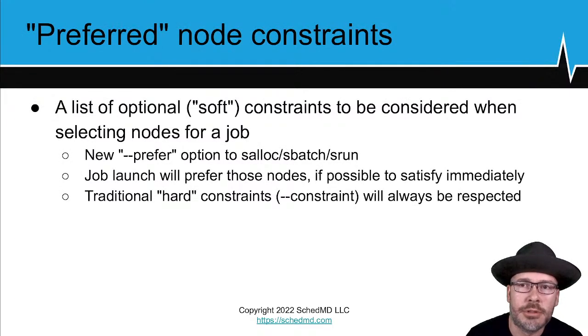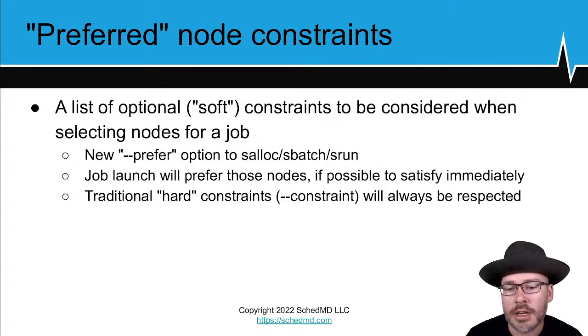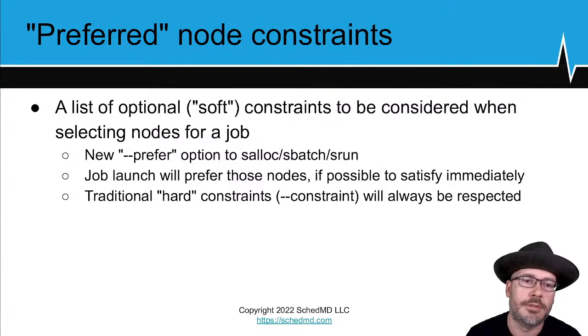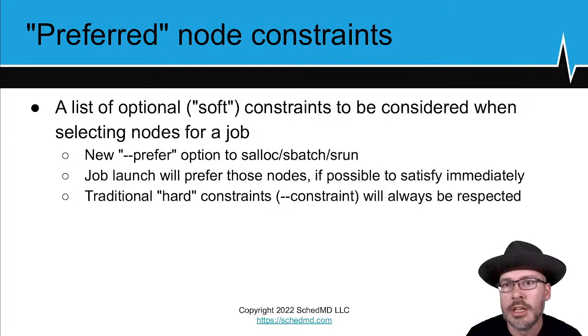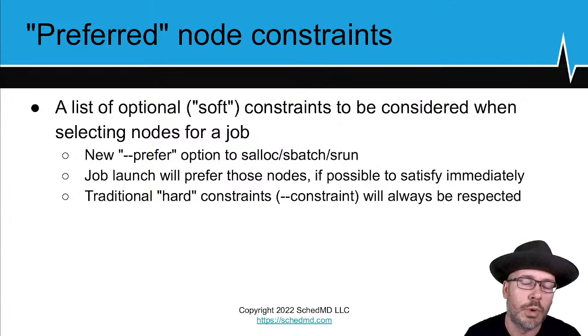First, we have this new idea of a preferred or soft constraint. This complements the constraint model that Slurm's had for a long time through --constraint, which operates off of a list of features that have been defined on your compute nodes, to allow your users to have a bit of influence over where their jobs are placed within the system.